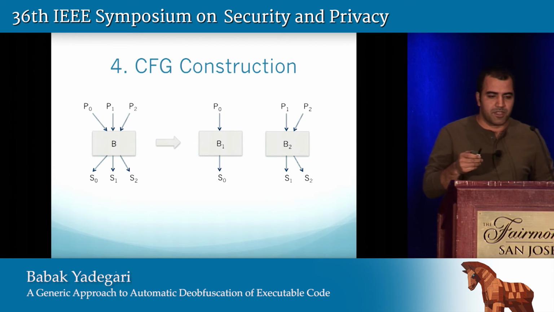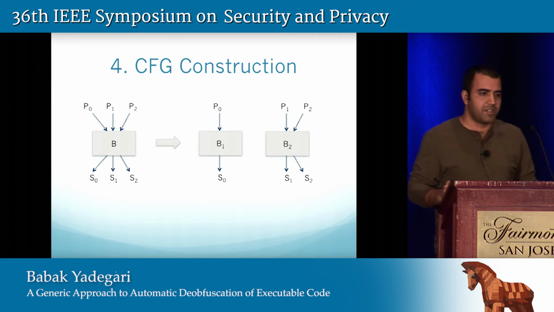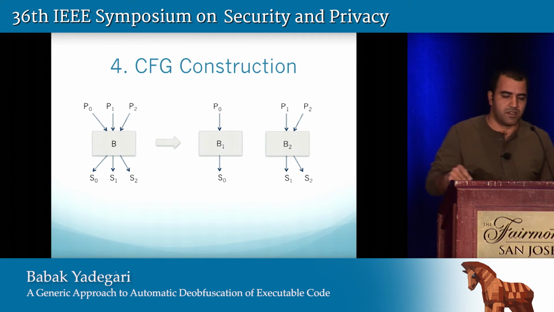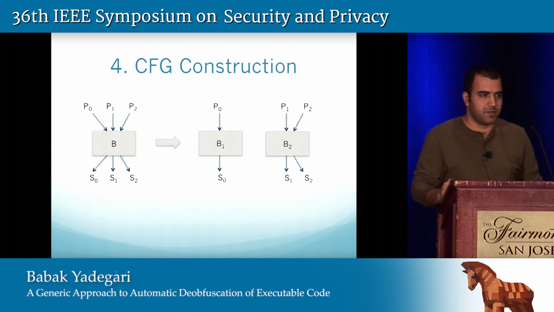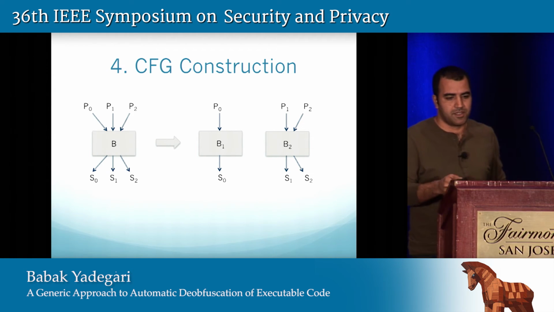So for example, if the combination of predecessor 0, basic block B, S0 only happens in the trace, we don't need to have a basic block that has all the combinations of these three predecessors with basic block B and all the successors following that basic block. So we basically limit the number of possible execution paths in the final CFG.